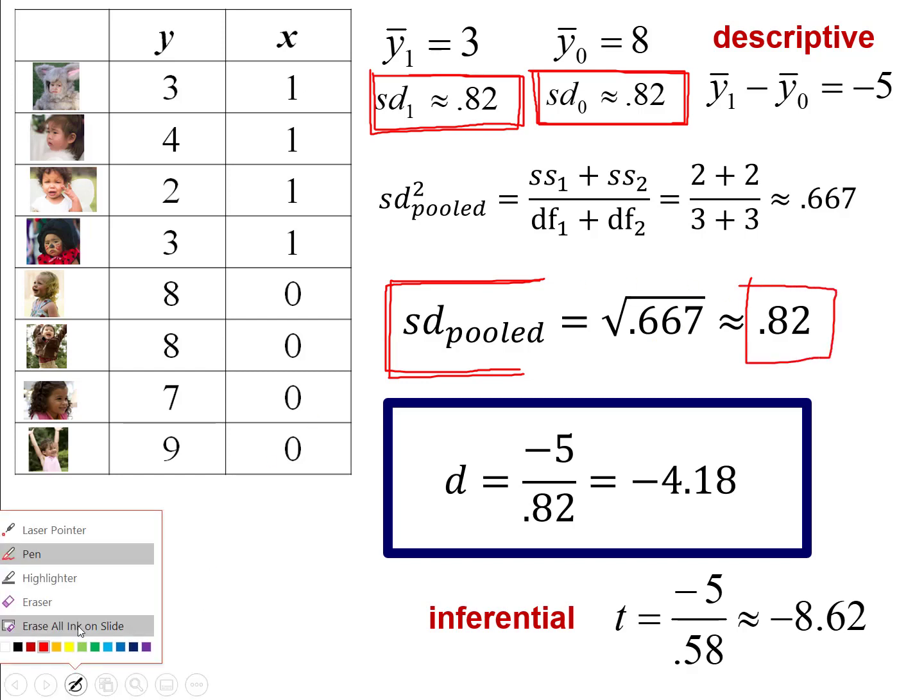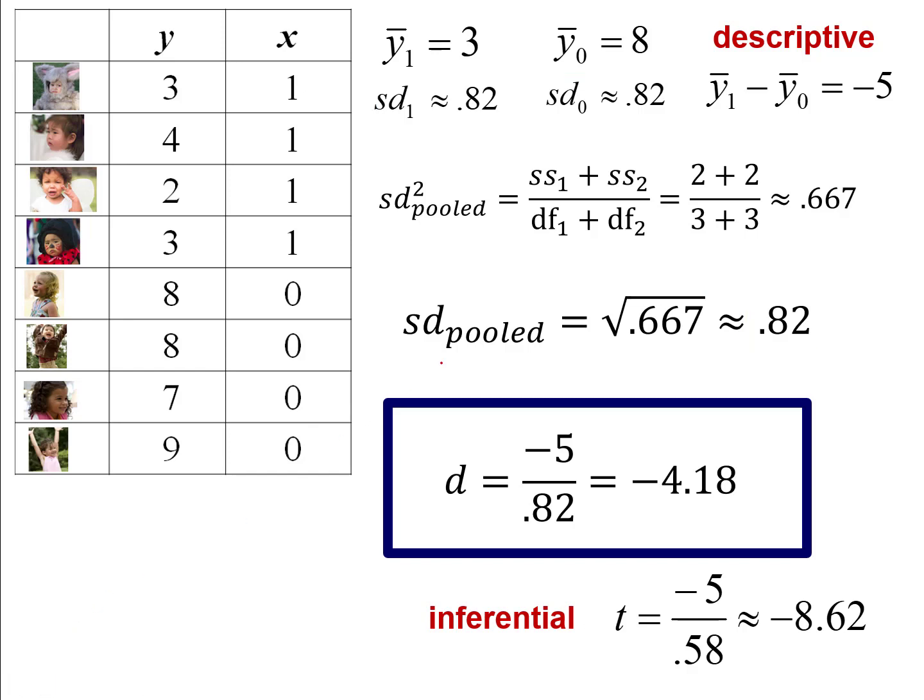Notably, it can be useful to keep in mind that a pooled standard deviation is essentially a type of average of the two standard deviations from your two groups. And so whenever you calculate a pooled standard deviation, it should always give you a value that's somewhere in between the standard deviations for your two separate groups.